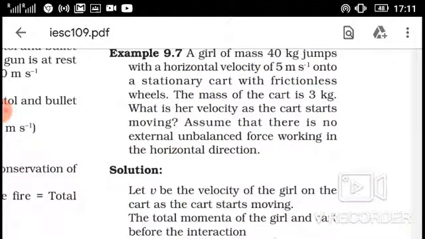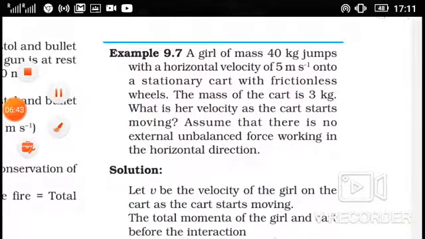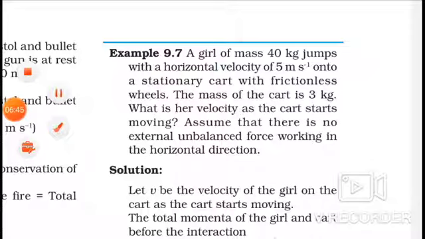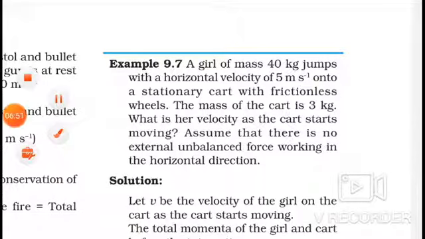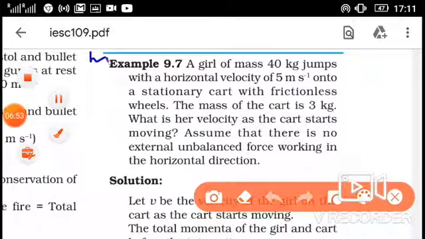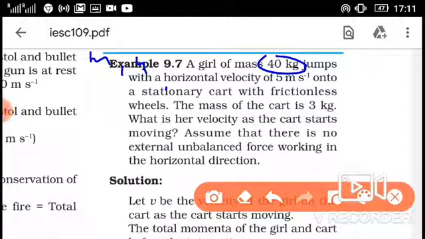One more time I just explain. m1 u1 plus m2 u2, means m1 that is 40 kg, u1 that is 5, and then the stationary cart, m2 is 3 kg.